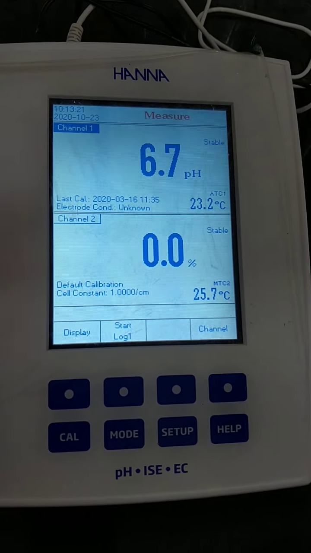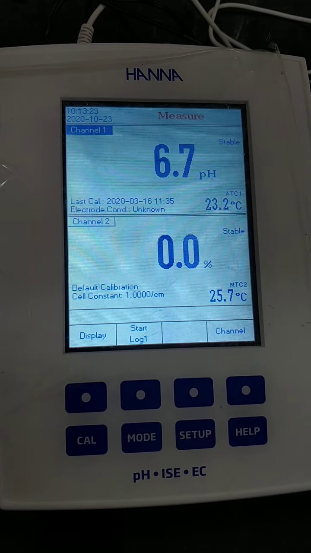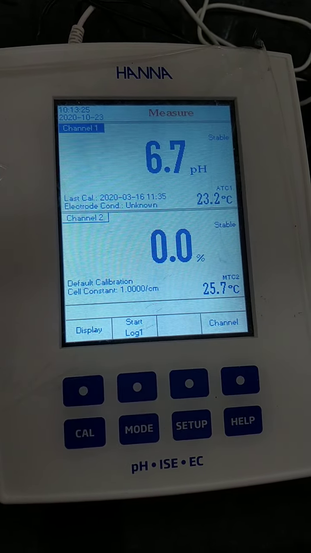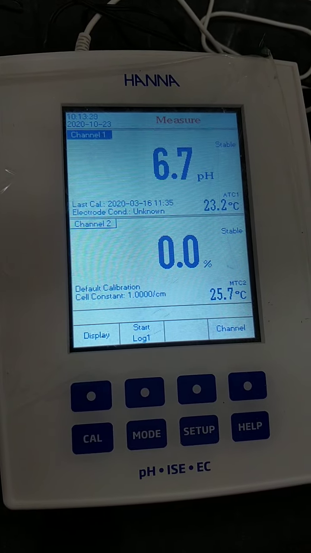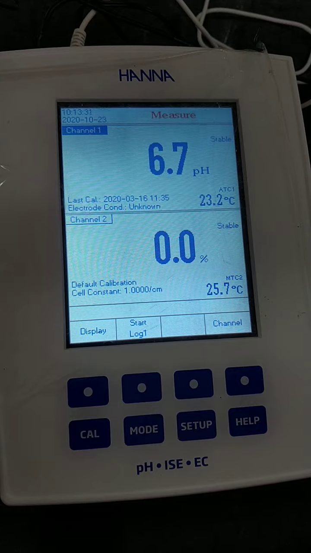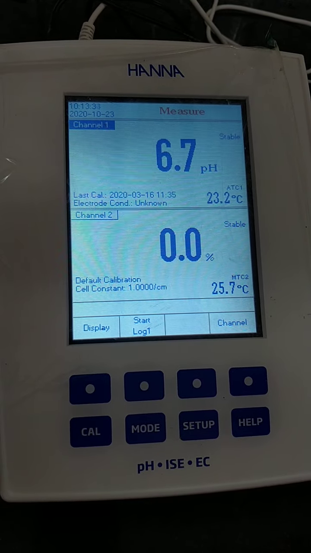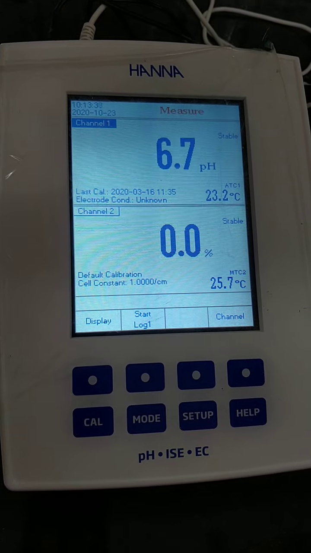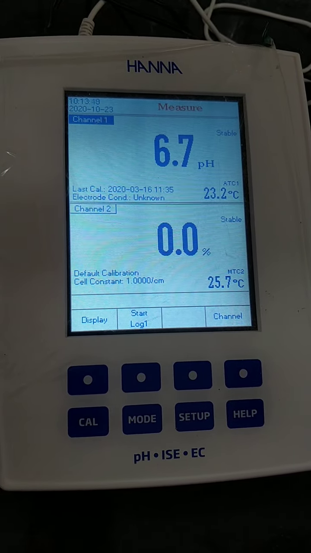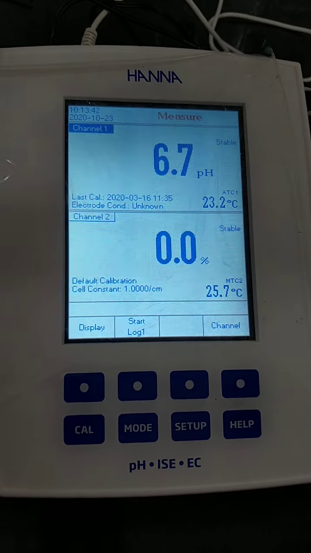Now on the screen you can see the stable value achieved is 6.7 for the calibration solution of 7.01. As already told, we did not get the exact value of 7.01 because it depends upon the age and other factors of the chemicals used for calibration.